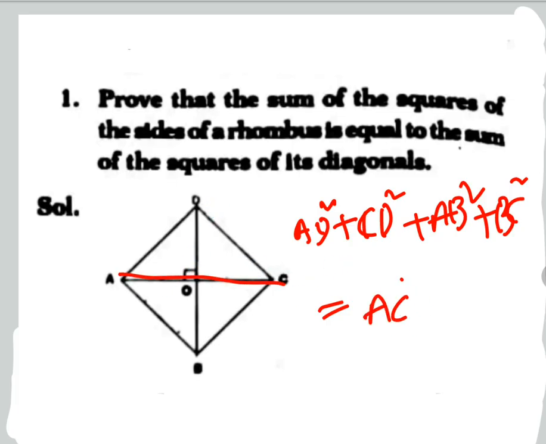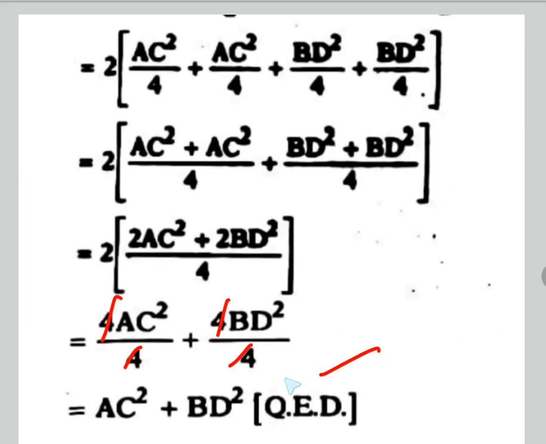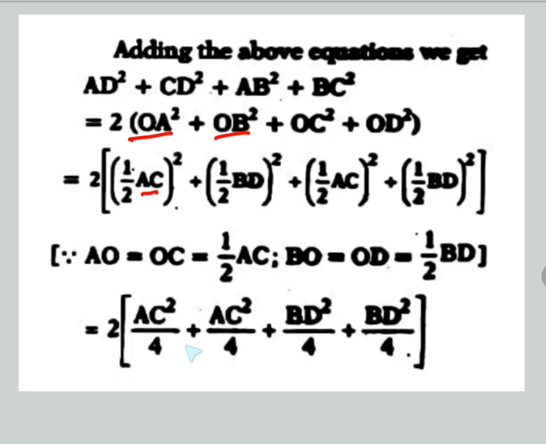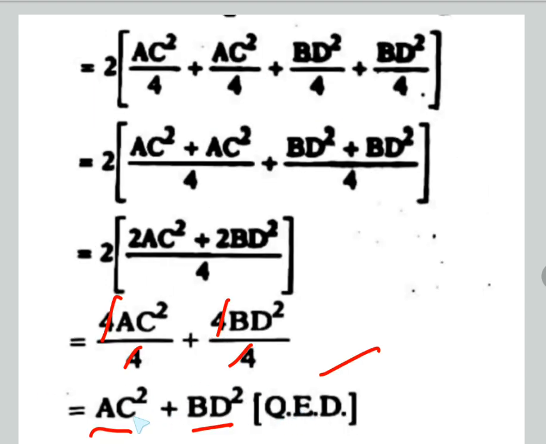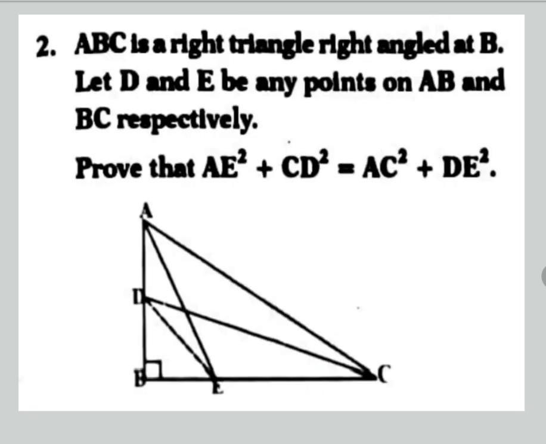AC square plus BD square. Hence it is proved that the sum of the squares of the sides, AD square plus CD square plus AB square plus BC square, is equal to AC square plus BD square.